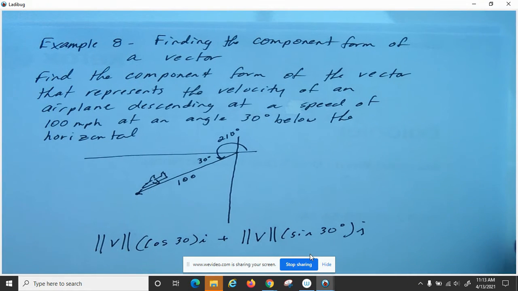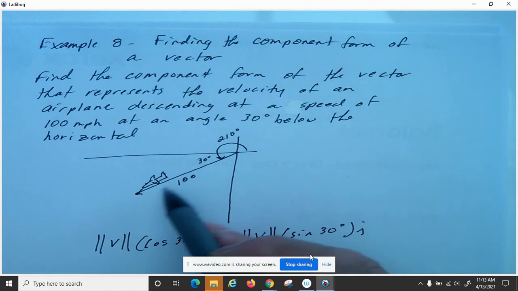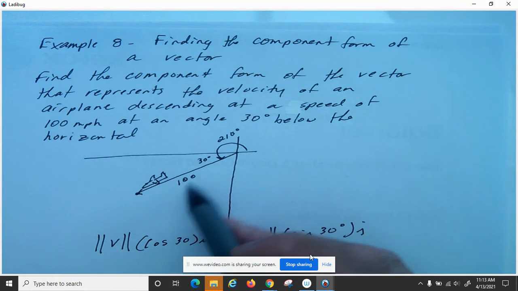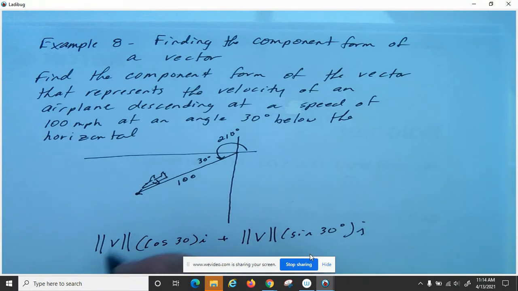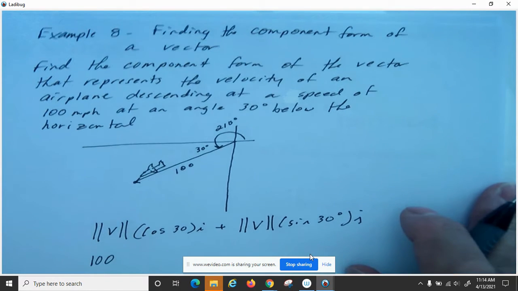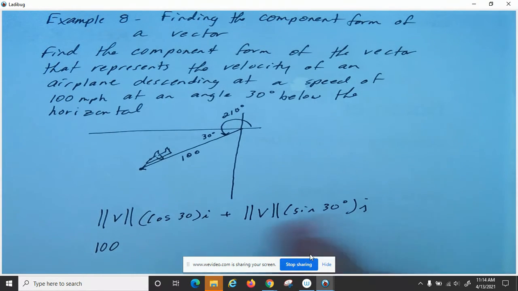All right, so let me go ahead and fill in what I know. Well, the speed is 100 miles per hour. So in 1 hour's time, the length of this vector is equal to 100 miles. So the magnitude of vector v is 100.